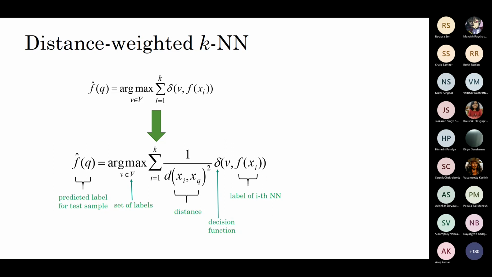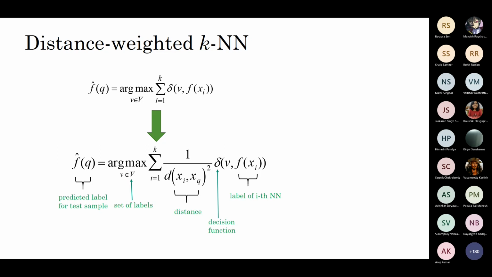So what is the advantage of this compared to the standard hard k-nearest neighbor? In hard k-nearest neighbor, once we figured out the k samples that are closest, we simply take the majority vote.